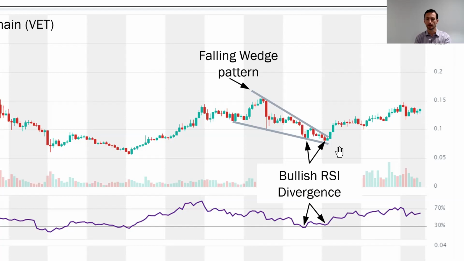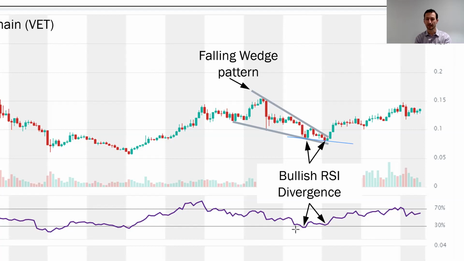The other supporting evidence that this is a valid bullish breakout from the falling wedge was that we identified the bullish RSI divergence. If you notice, you typically look at the swing lows. While the price dipped here, clearly it dipped from this point to this point just before the breakout.